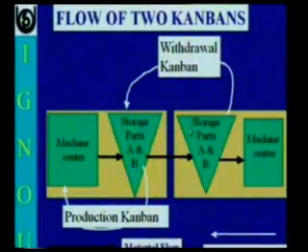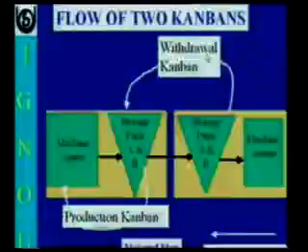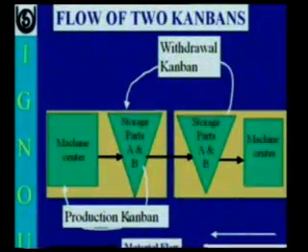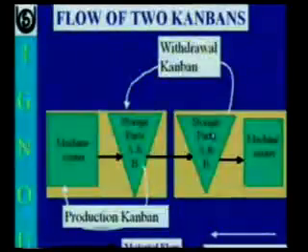So when it is coming to the second machine, that worker receives the withdrawal Kanban from his subsequent work center. So what he does, he takes the information and takes the production Kanban, puts the withdrawal Kanban for this machine center and takes the production Kanban from here to make the order for doing the subsequent operation on that product.